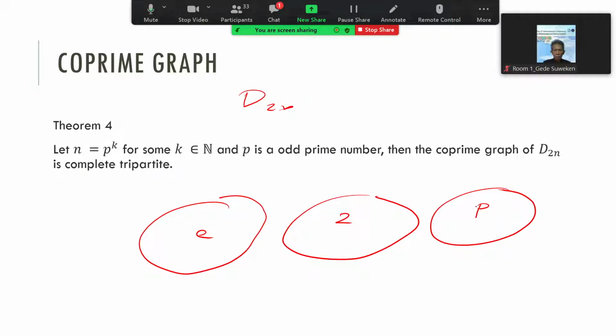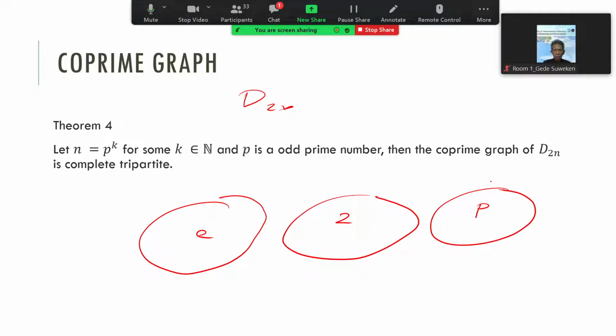Every element in the middle partition cannot be adjacent, because the order is 2. In the third partition, all the elements cannot be adjacent, because the order must be p or p to the power of something. So this is how to prove it.